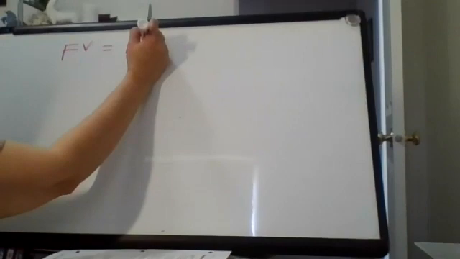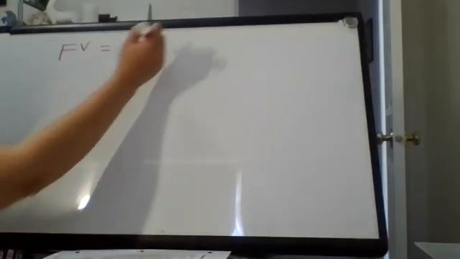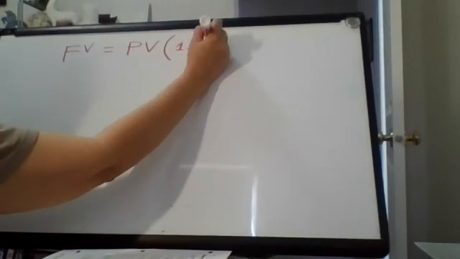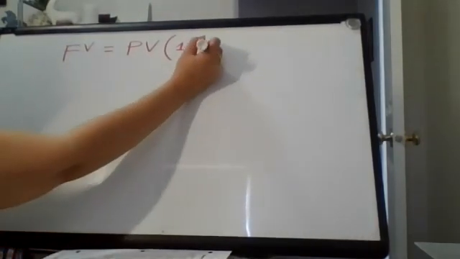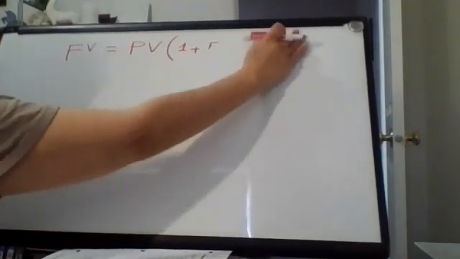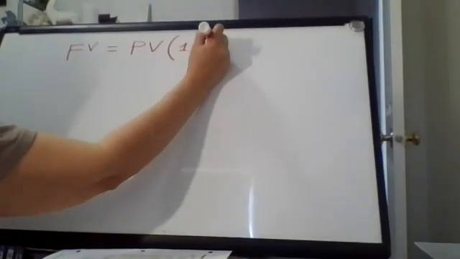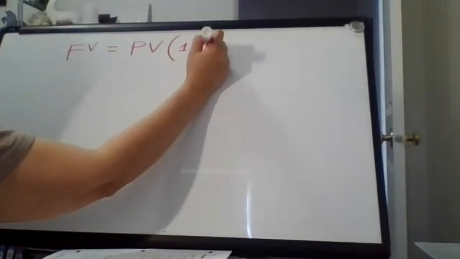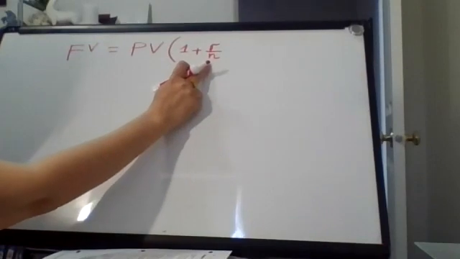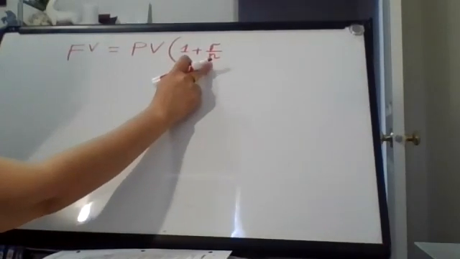future value FV equals present value PV times 1 plus the rate R, and sometimes they use I for interest rate, so sometimes they change the letter, but I like to use R, divided by N if you have compounding semi-annually or quarterly, right?